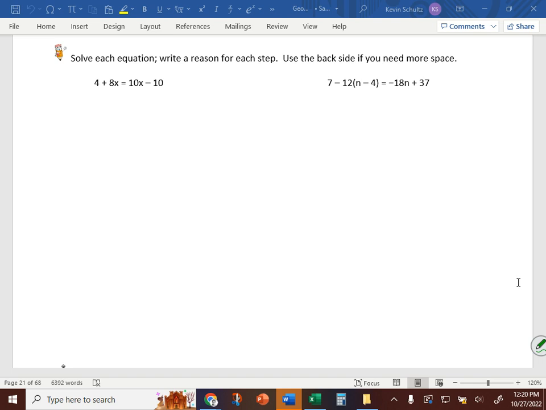Okay, which is what deductive reasoning is, right? You have a conclusion and you back it up with evidence, with facts, or whatever. Okay, so when you start to write these, you're going to have a statement column, then a line separating the two, and a reason column.